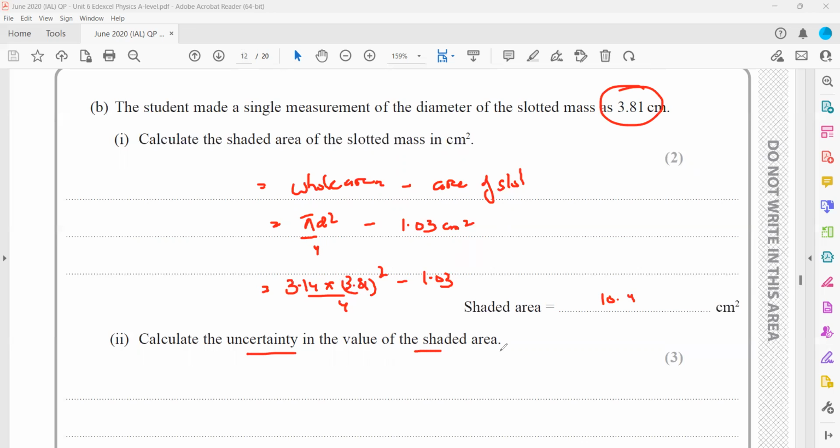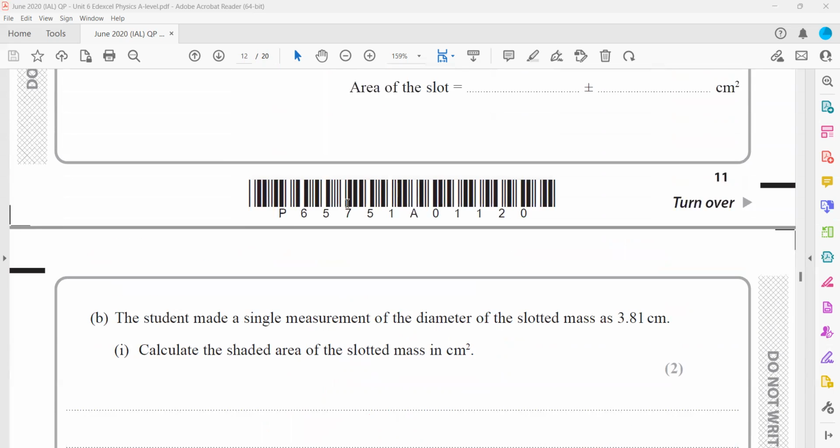Calculate the uncertainty in the value of the shaded area. So what is the uncertainty in the value of the shaded area? First, how is the shaded area calculated? We use pi d square, and the diameter is a single measurement.